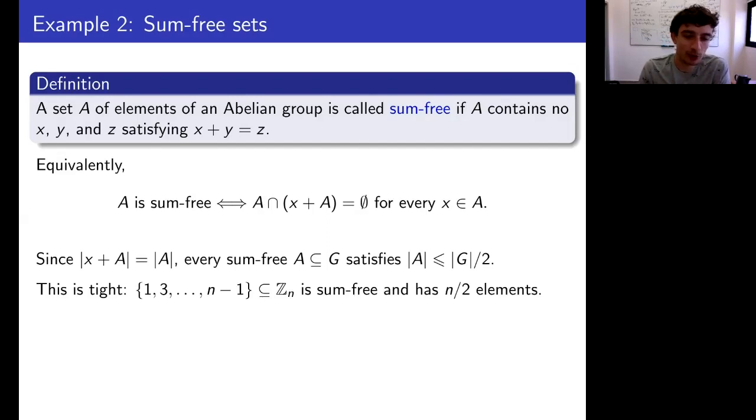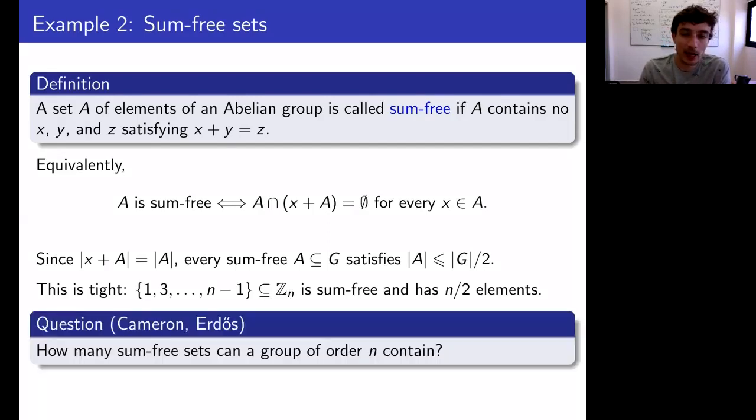But what we're going to discuss here is a counting question raised by Cameron and Erdős in the late 80s. So Cameron and Erdős asked, how many sum-free sets can we find in a group of order n? And note that the group Z_n with n even contains at least 2 to the power of n over 2 such sets.